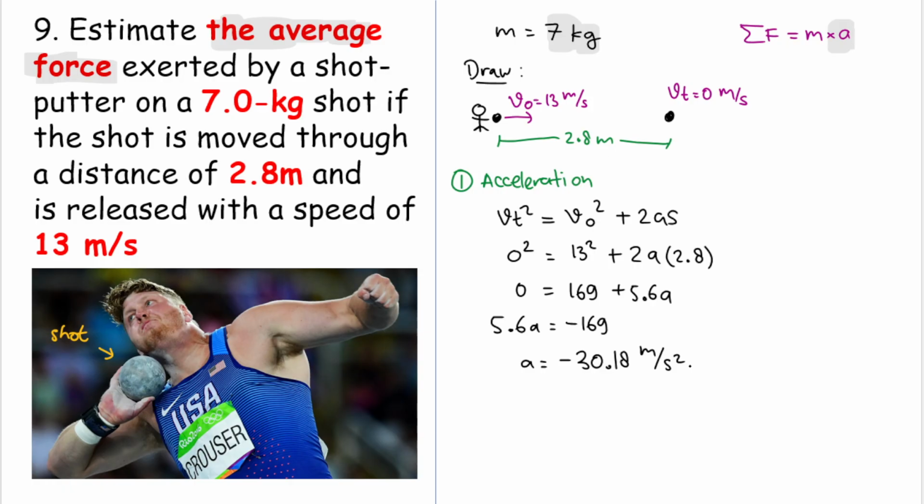But then we can also calculate the average force, because we have the mass and also the acceleration. So we have mass times acceleration, and we need to calculate the net force, the average force.